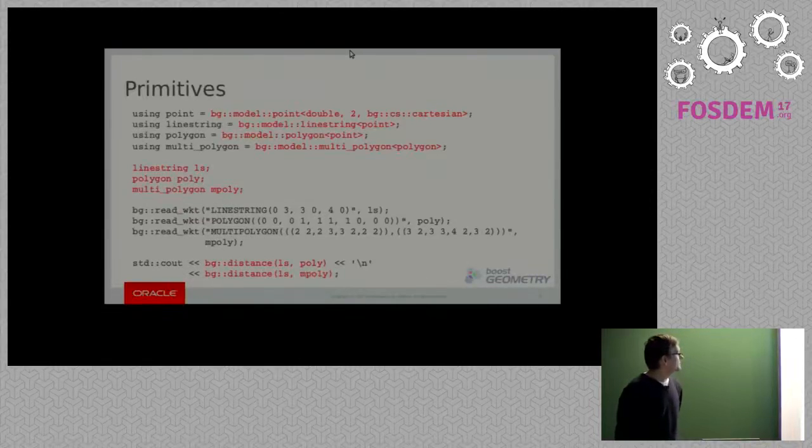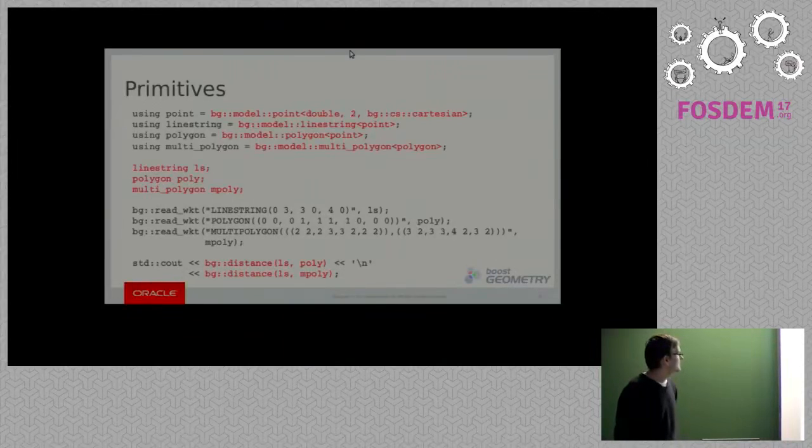So basically, metadata like the dimensionality of geometries and the coordinate systems are defined in the point type, and then this information is propagated into the more complex geometries that are using this point type.